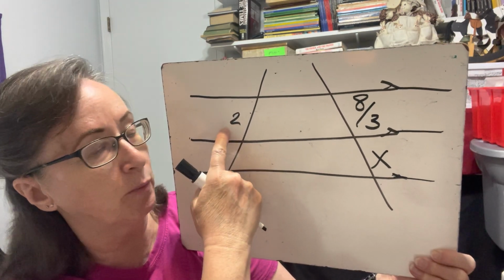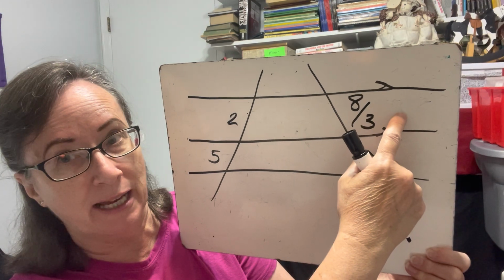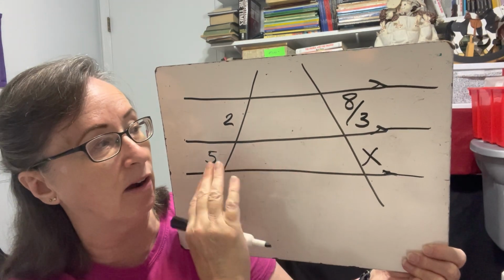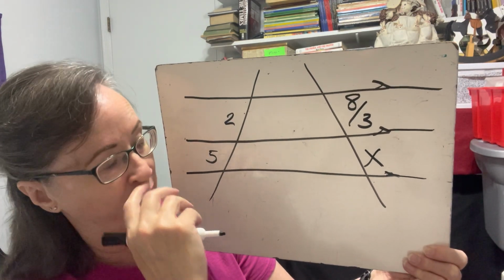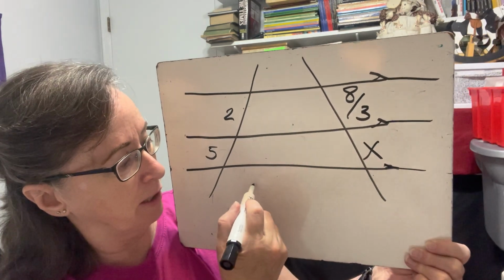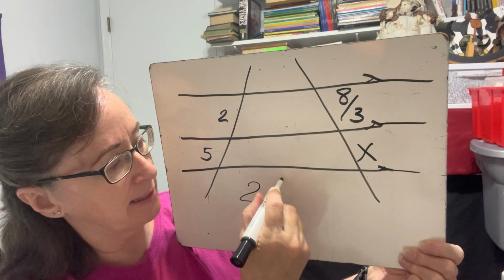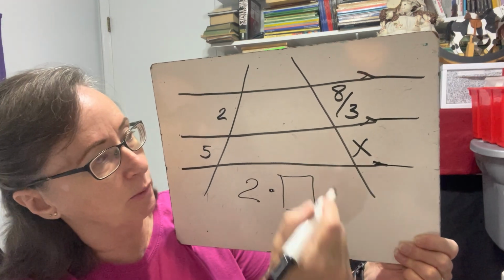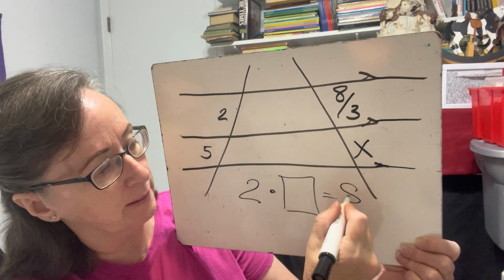They are proportional lines because of these parallels. Then we know that 2 times something is going to give us 8/3.